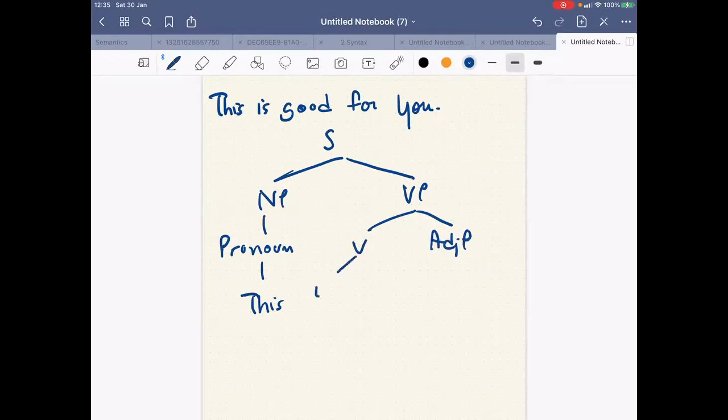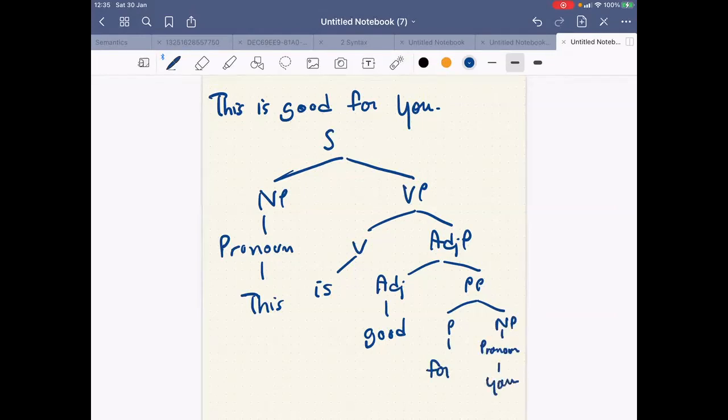The verb is, the adjective phrase would consist of the adjective good, and the PP, where we have P for, and the NP, which is the pronoun you. All right, so yeah, that's the sentence. This is good for you.